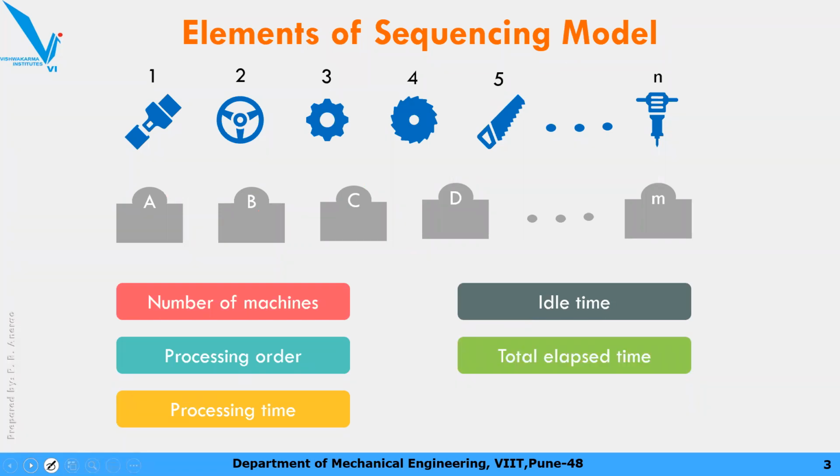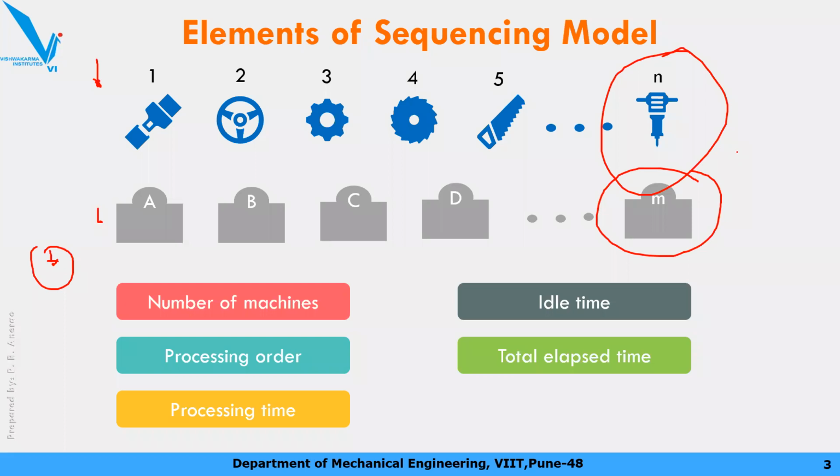Next element is total elapsed time. Total elapsed time means, starting from the first job on the first machine, you start your stopwatch, and you stop the stopwatch when all the jobs are done on all the machines.